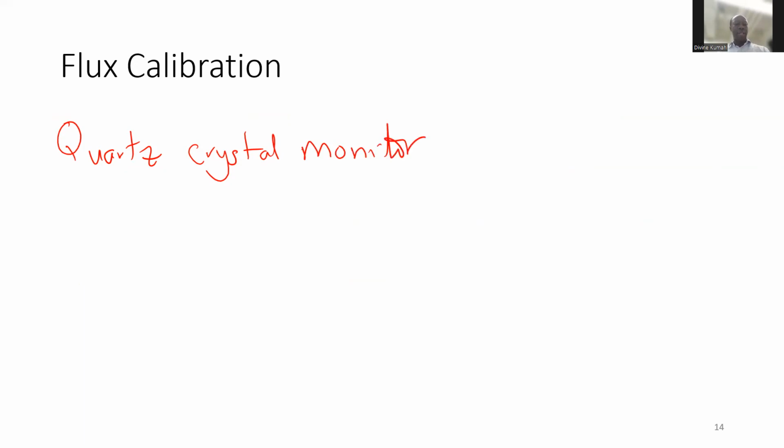A quartz crystal monitor is usually a gold crystal, and this crystal vibrates at some really high resonant frequency.